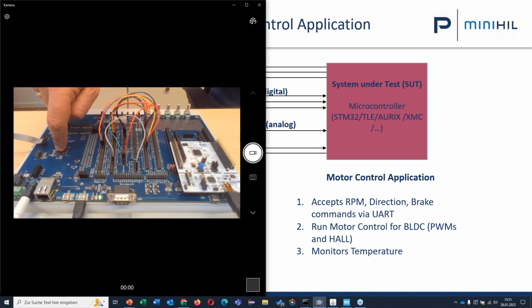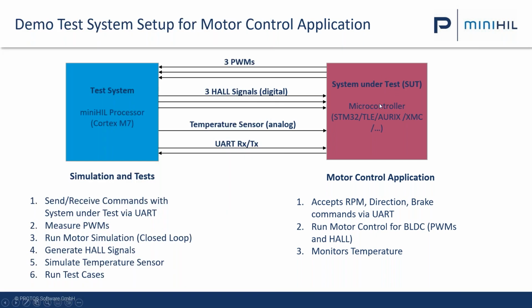Here, the test system, I connected all those IOs, or made connections between the system under test and the test system. And here you see the system under test. That's the Cortex M4. It runs a microcontroller with a motor control software for a BLDC motor.